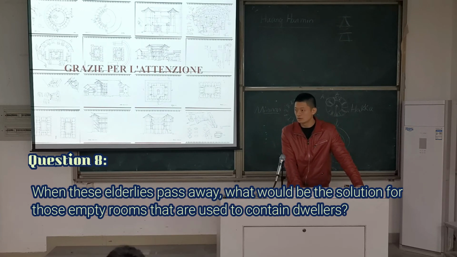No. The question was, after the elderly people pass away, the tulou are going to be left without anyone inside. But that's exactly what we are asking ourselves: who can we make come inside in a way that we can restore them to their previous condition?